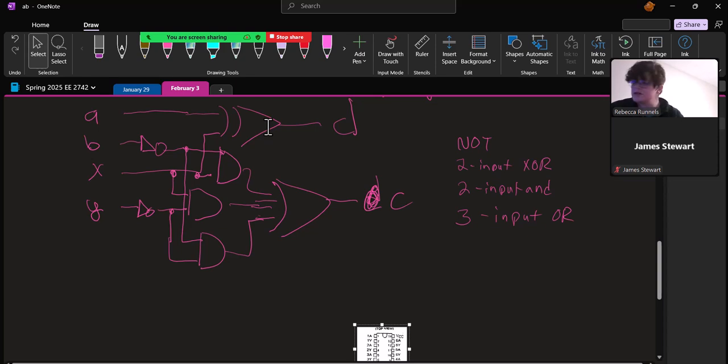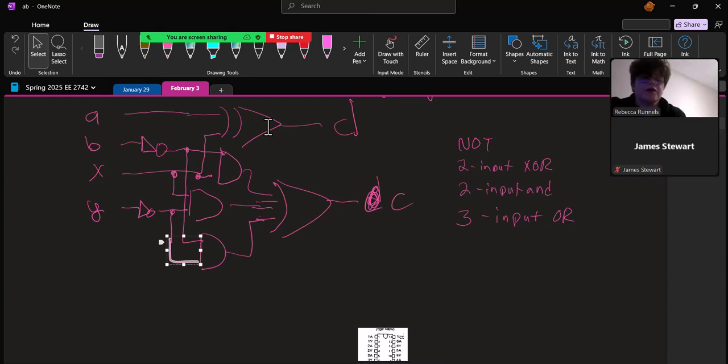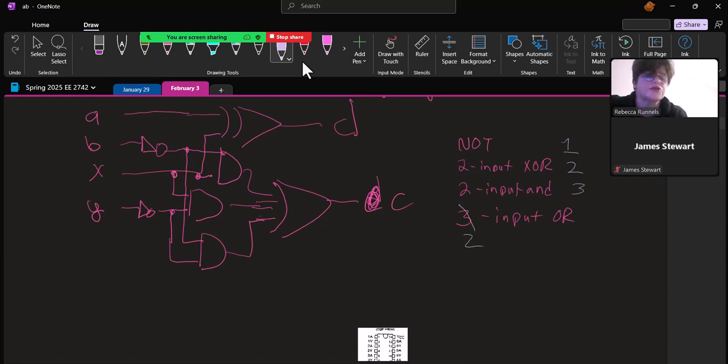Okay, so let's call the NOT gate chip 1. And I'll call the XOR chip 2. The 2 input AND I'll call chip 3. And this is a 2 input OR, and I'll call that chip 4.